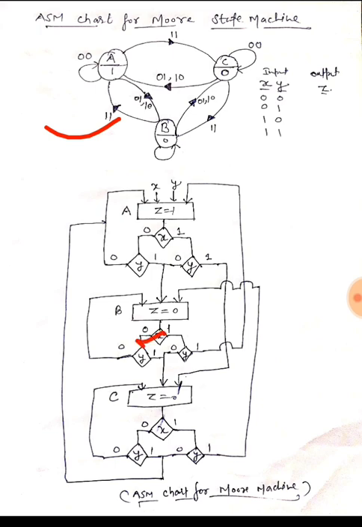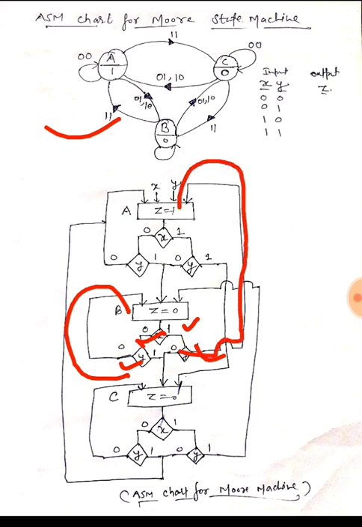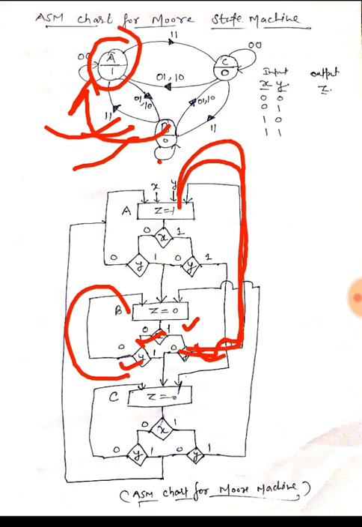If x is 0 and y is 0, it will remain in state B, and if x is 1 and y is also 1, it will move to state A, as we can see over there. If both inputs are 1 1, then it will move to state A.